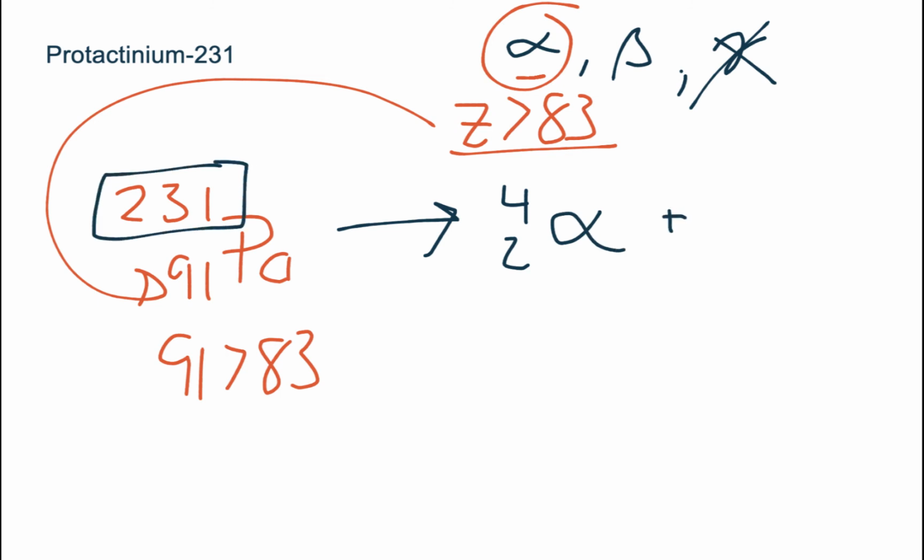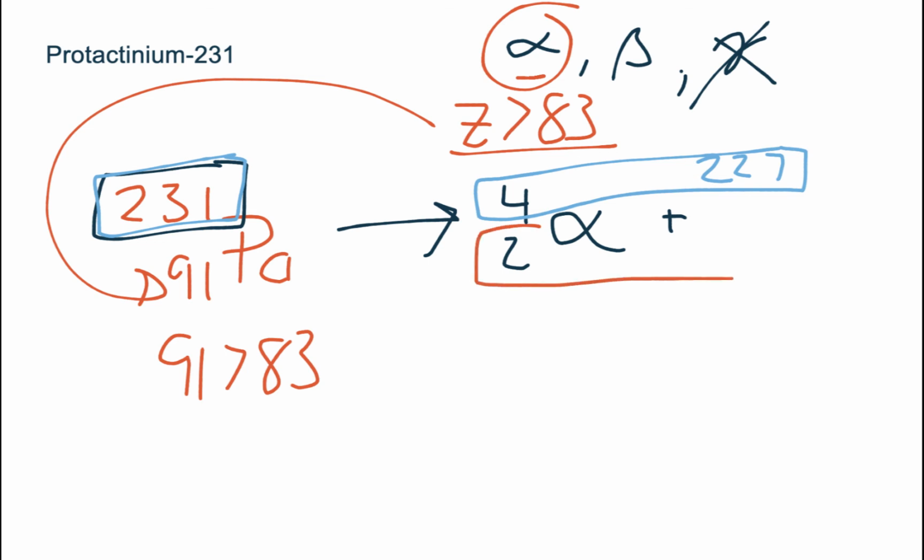The total mass has to be 231. So that means 4 plus what is 231? 227. And then the total number of protons has to be 91. 2 plus 89 is equal to 91.